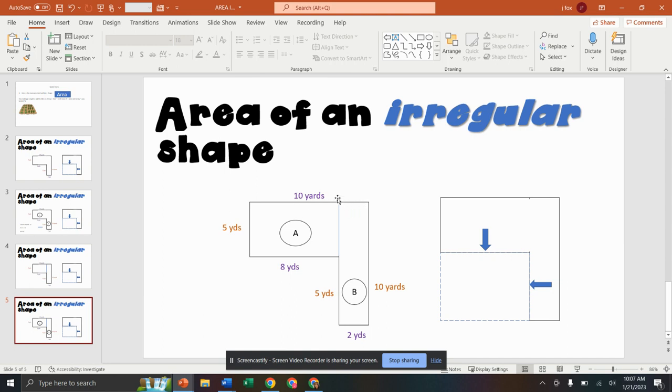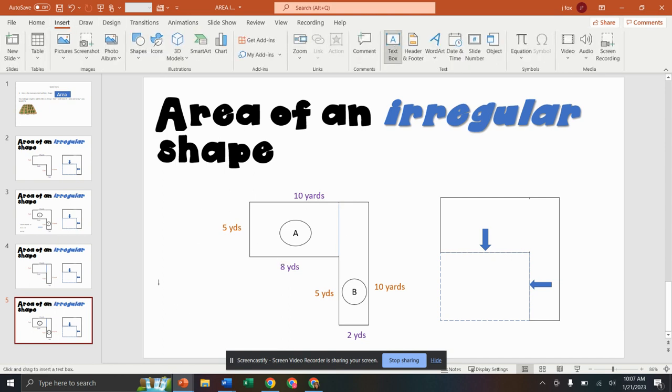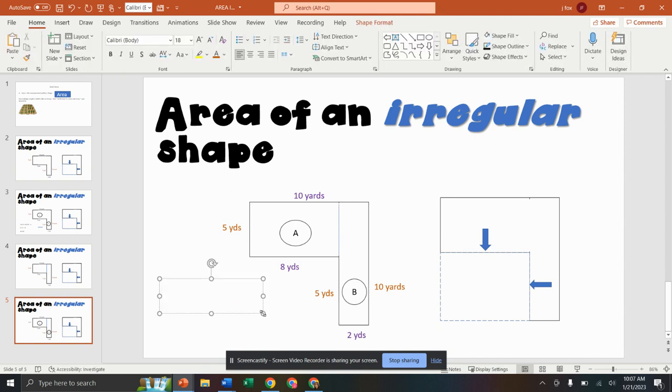This says 10 yards, but I split this shape. That's part of shape B. So I don't want to use the 10 yards. Let me look down here. 8 yards. Oh yeah, that stops where I split it off. So it's going to be 8 yards times 5 yards. Yeah, that's that whole shape. Okay, all right, so we will multiply that. It will give us 40 yards, right?